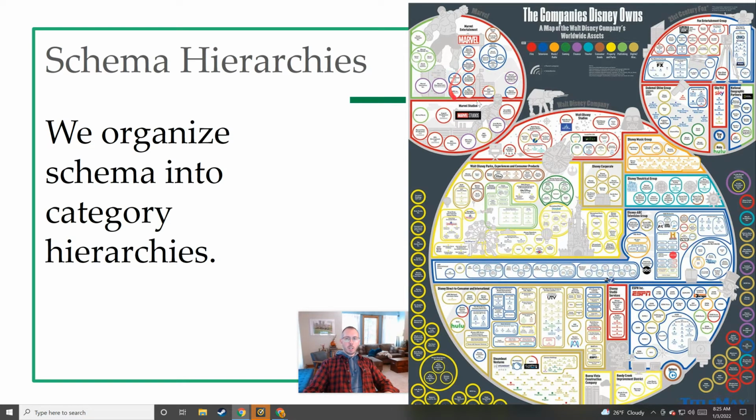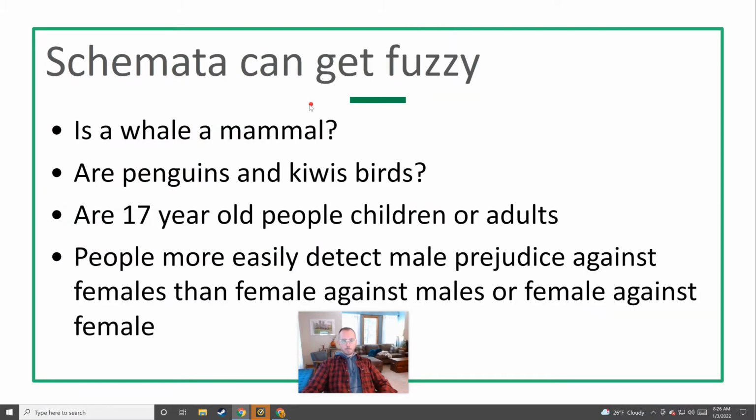So you've got a grouping of that. You also have the fact that they own theme parks. And this is like a layout of the hierarchy of Disney. So we organize our schema into categories. You've got Marvel movies, which would be a smaller schema inside the larger thing of Marvel, which is a schema inside a larger thing of Disney. So we organize our schema into these layers called hierarchies.